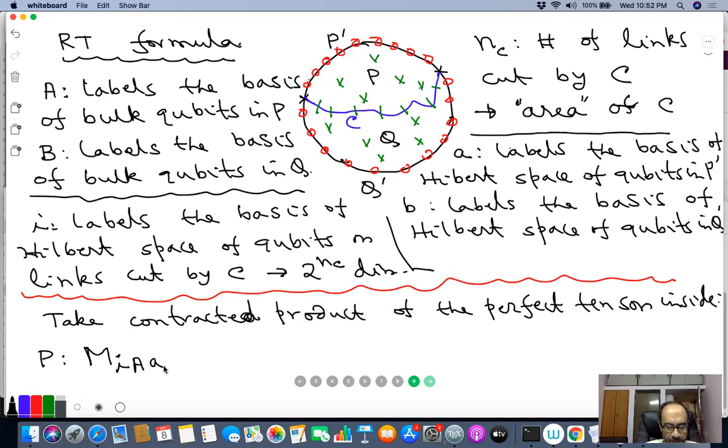That's A. So inside P it's M I A A, and inside Q we could do the same thing. Inside Q, that we call N I. I is of course common because C is common between the two. Then B and B. These are definitions. We take the product of perfect tensors and just contract the indices.